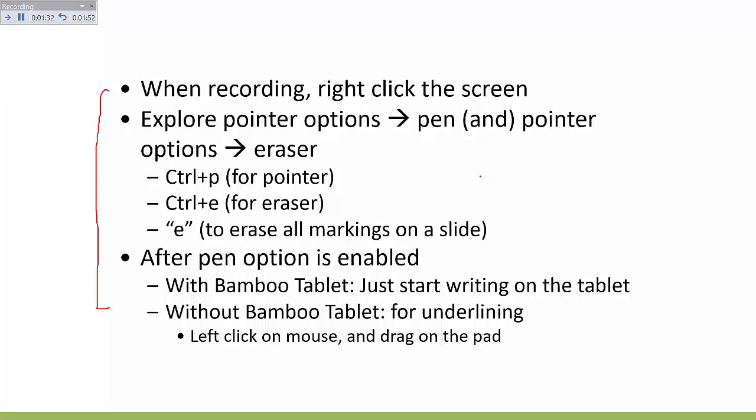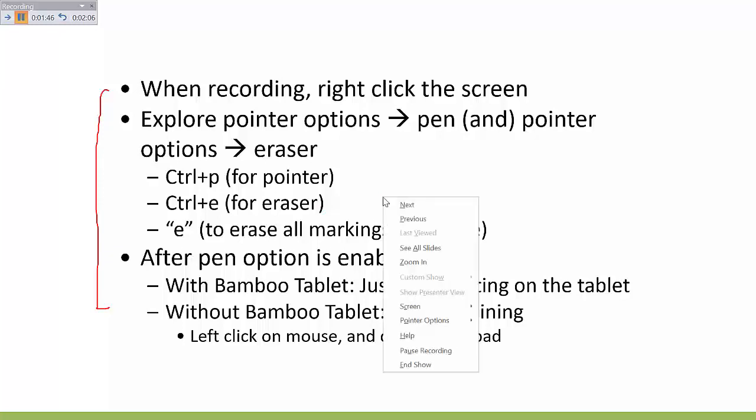And if I draw many things and I want to erase everything, I just need to press E. It will erase everything on the slide. So these are some shortcuts which, if you remember, make things easy. If you don't remember, you can always right click, go to these pointer options, and select what you want.